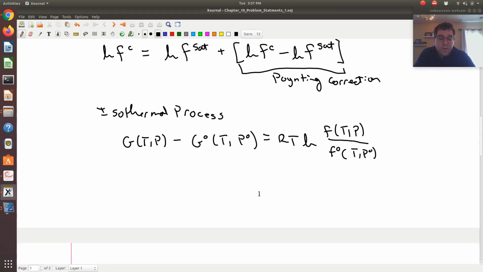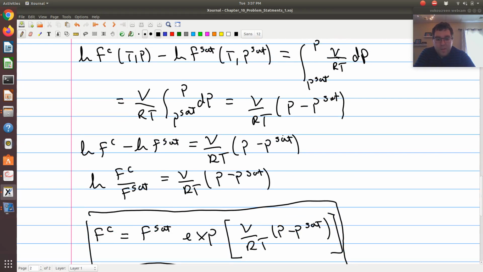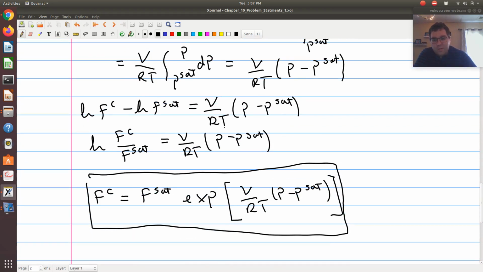But that's still not quite it, because what you need to make sure is that this whole term is dimensionless. So P minus PSAT: make sure your pressure and your saturation pressure are in the same units, because you're given pressure in bars, but PSAT is 0.611 kilopascals. And when that change in pressure is multiplied by V over RT, it must be dimensionless.